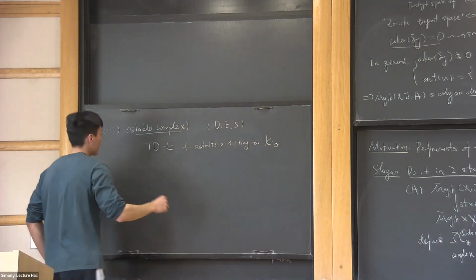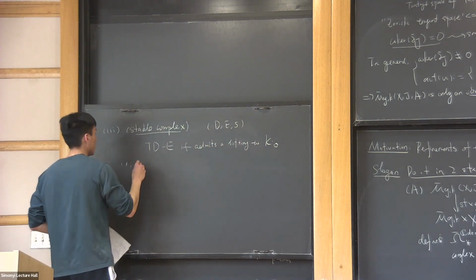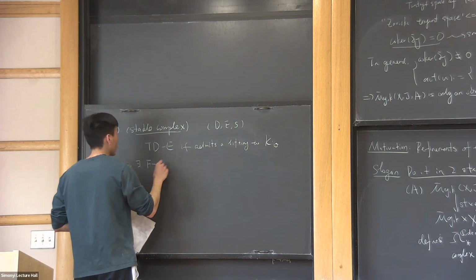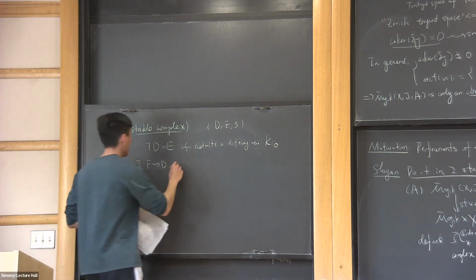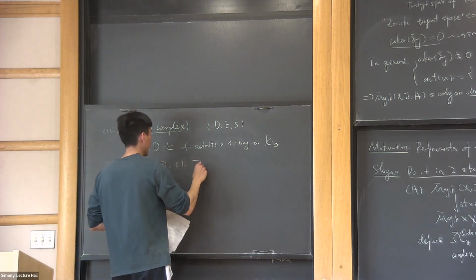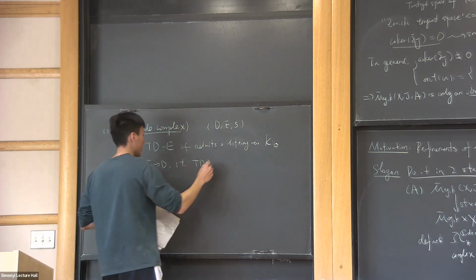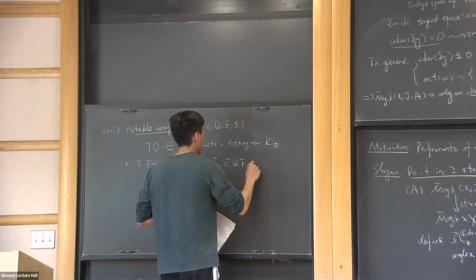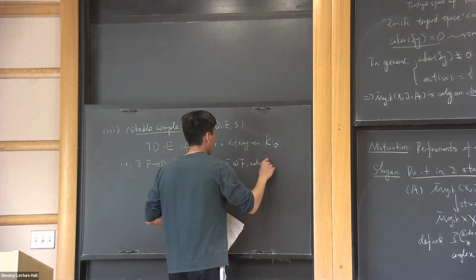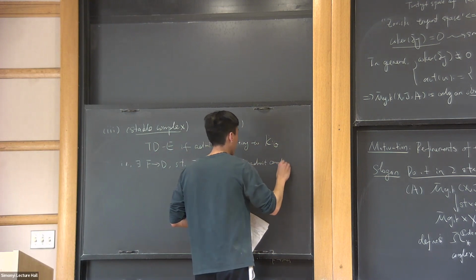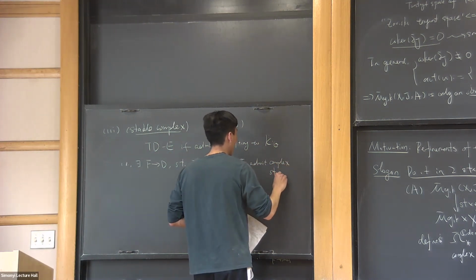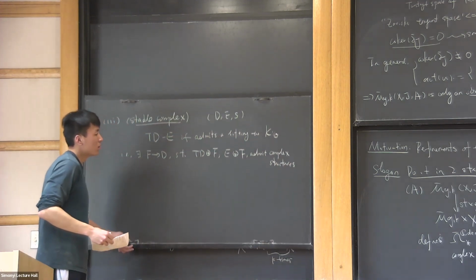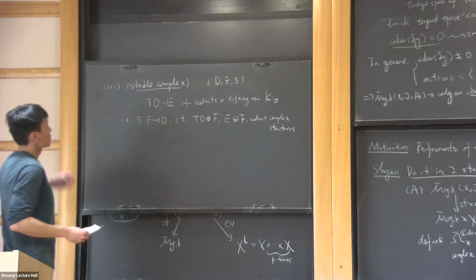In other words, there exists an orbifold vector bundle F defined over D such that the direct sum of the tangent bundle with F and the direct sum of E with F admit complex structures. So that's called stable complex.